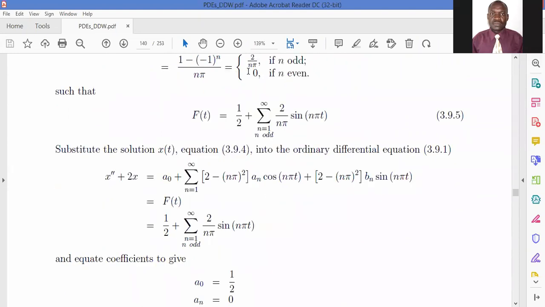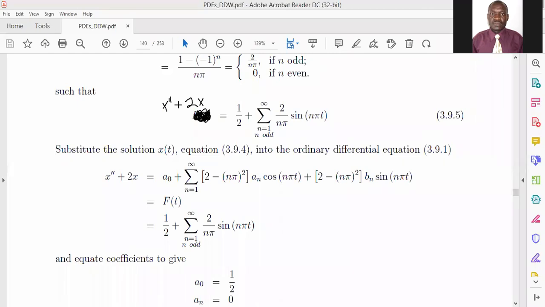So instead of this f here, if I erase it out like that, I now have x prime prime plus 2x, which is equal to that term. Because remember, this was our Ft. Is that okay? And it is clear.